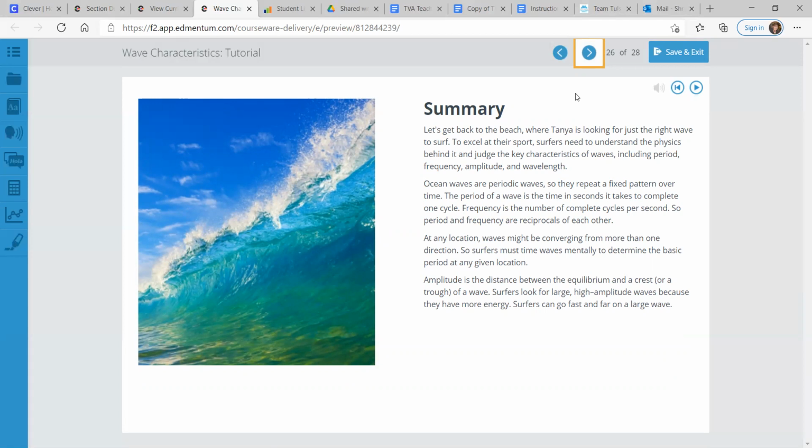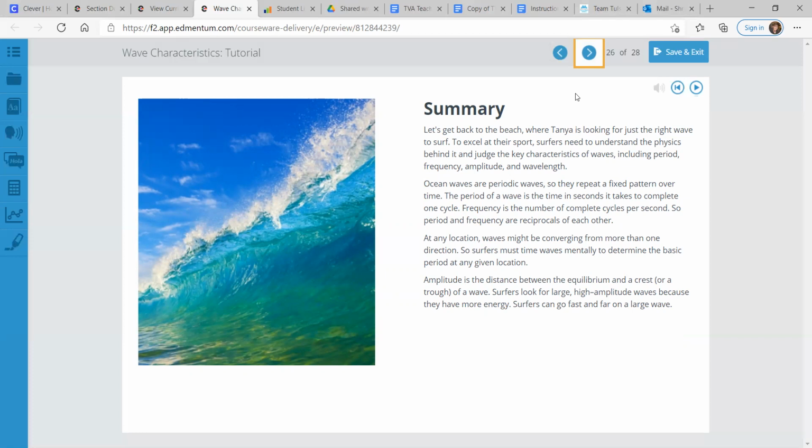And for surfers to get the best experience, they need to understand what's going on with the waves. There is a physics and a mathematical way to go about things. And if you know a little bit about the period, the frequency, amplitude, and the wavelength of waves, that can help you in your surfing journey.